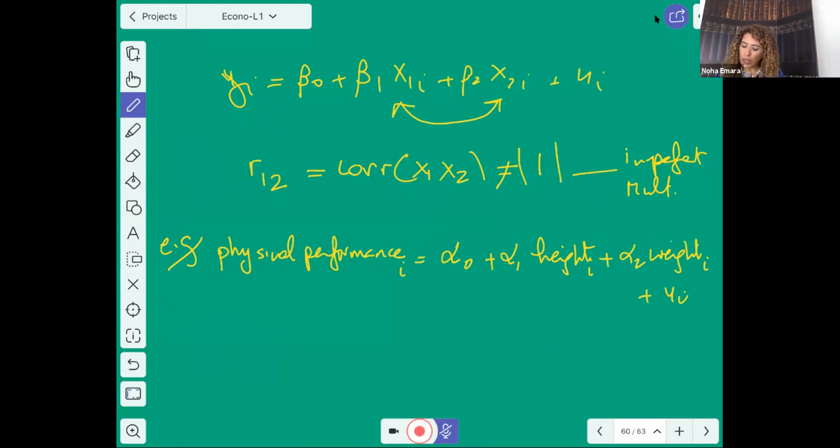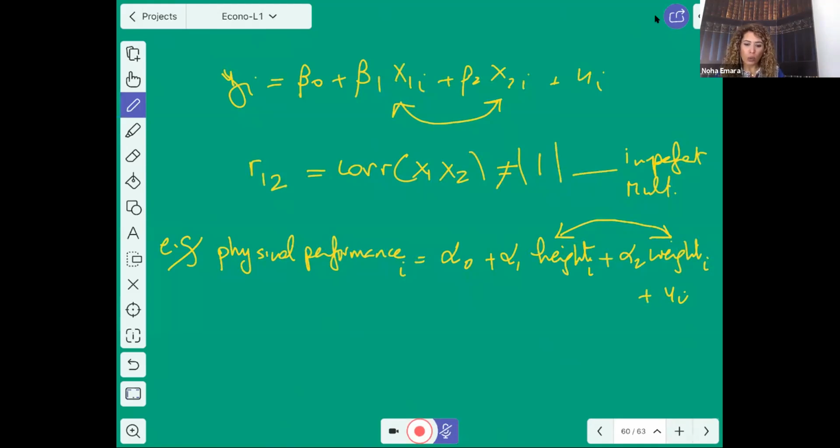This type of model is a good example of imperfect multicollinearity, because everyone knows that we do have a correlation between the height of the person and the weight of the person. The taller the person, it could mean the higher the weight.